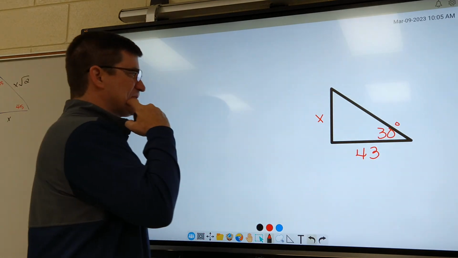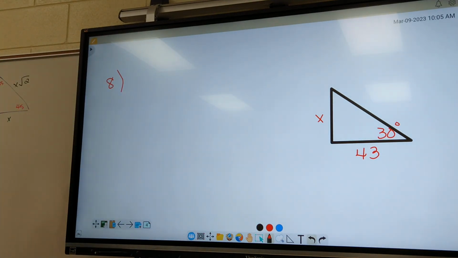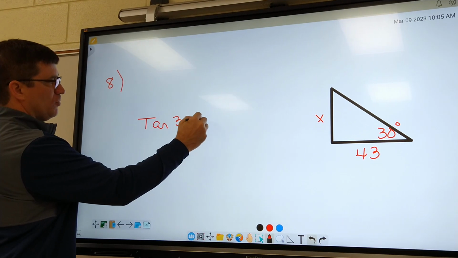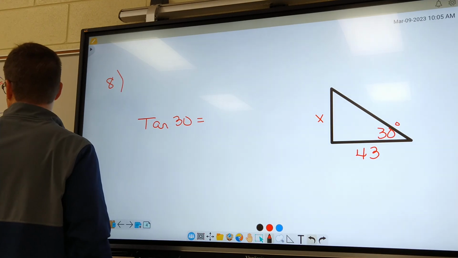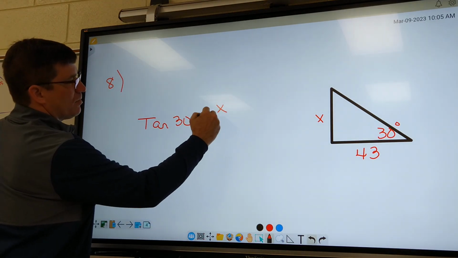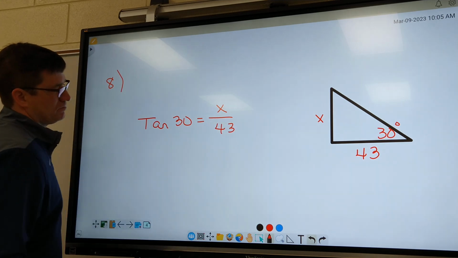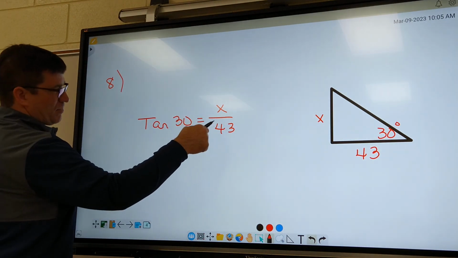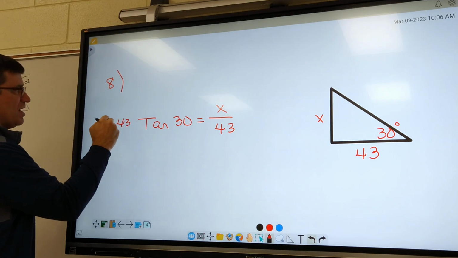There's your X. All right, which formula matches this one, Matthew? So I got tangent of 30 equals, formula says put opposite on top, adjacent on bottom. Now instead of dividing by 43, you'll move it over and you'll times by 43.